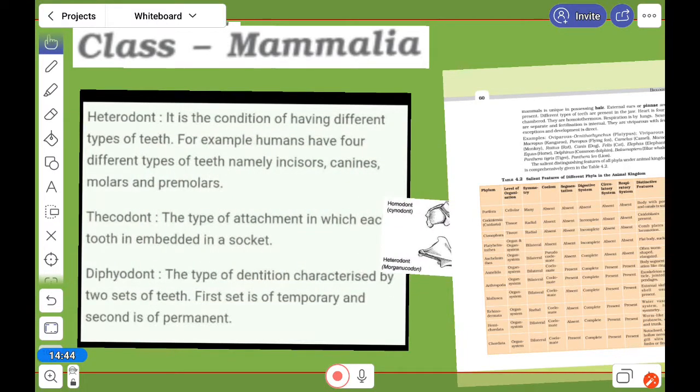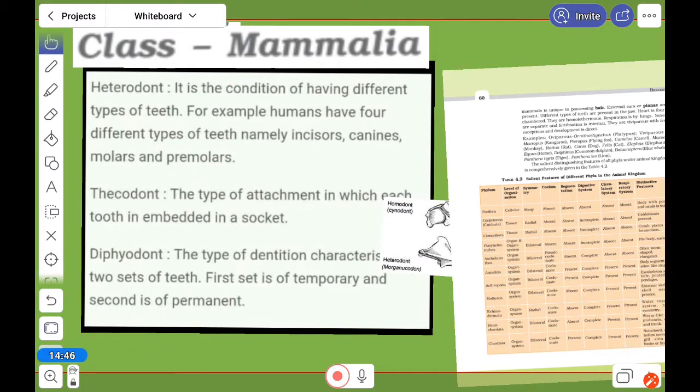The third type is diphyodont. Diphyodont means the dentition has two sets of teeth, which everyone knows. We have one temporary set, the first set, which is called milk teeth, and the second comes permanent teeth.